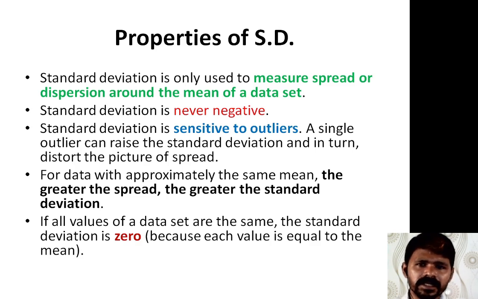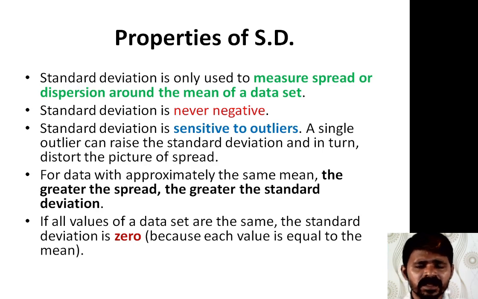A single outlier in the data set will change the standard deviation value. If you spread the data in the form of a curve, or construct a spreadsheet, you will find a huge difference, a sudden variation in the data set.